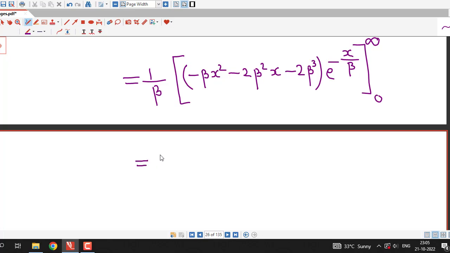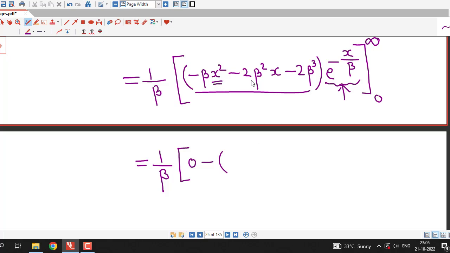Here also if we take x tending to infinity, because beta is positive, this will be 0. So for upper limit we have this times 0, that is 0, minus if we take x equal to 0, this becomes 0, this becomes 0, and we have minus 2 beta raised to 3 into e raised to 0, that is 1.